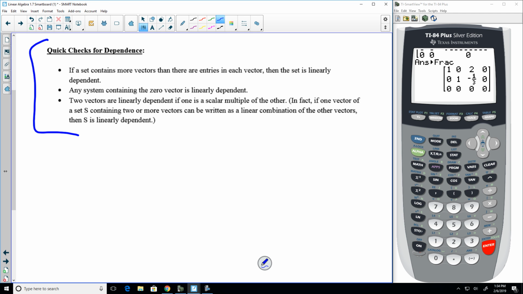That means your coefficient matrix has more columns than it does rows. They're automatically dependent. If you have more rows than columns, that's not the case. You can still get independence with more rows than columns.